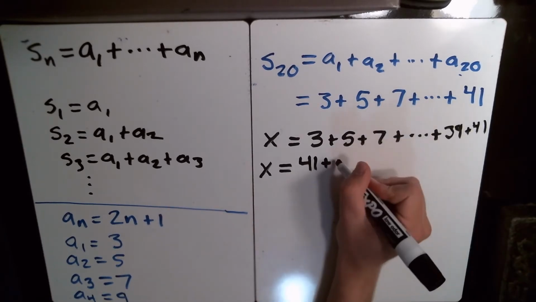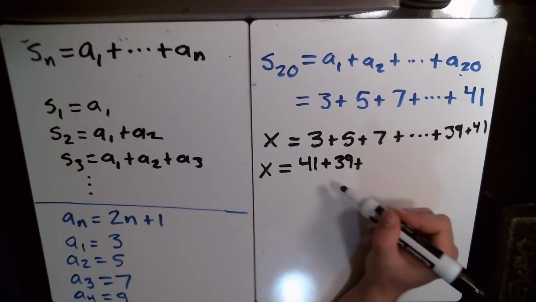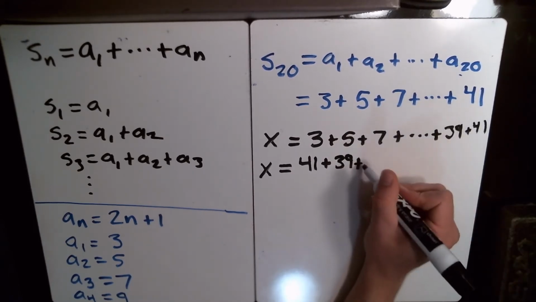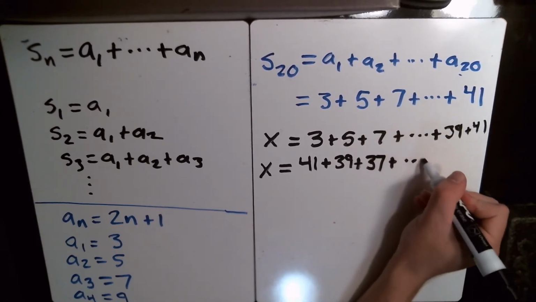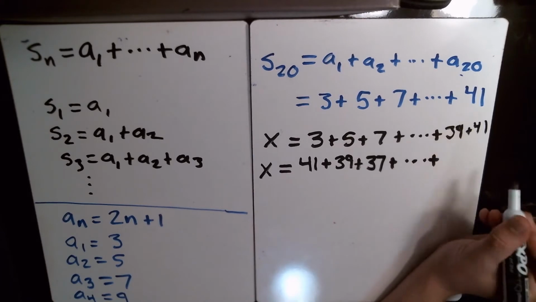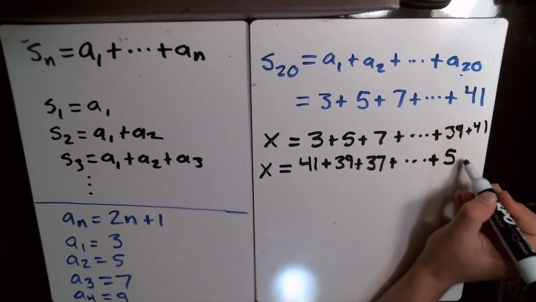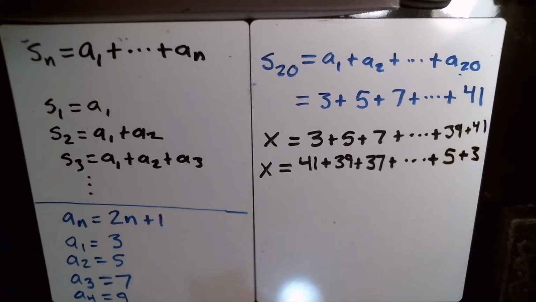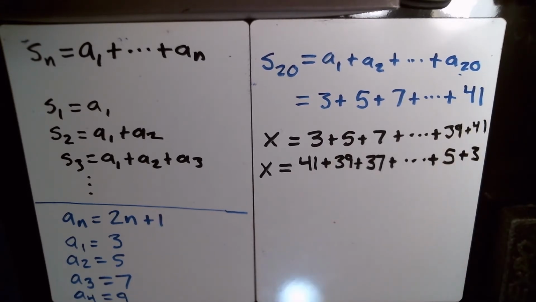So 41, 39. The next term backwards, we'd go down another 2. So we'd be 37, and then all the way down to 5 and then 3, right? I just wrote the sum in backwards order, okay?